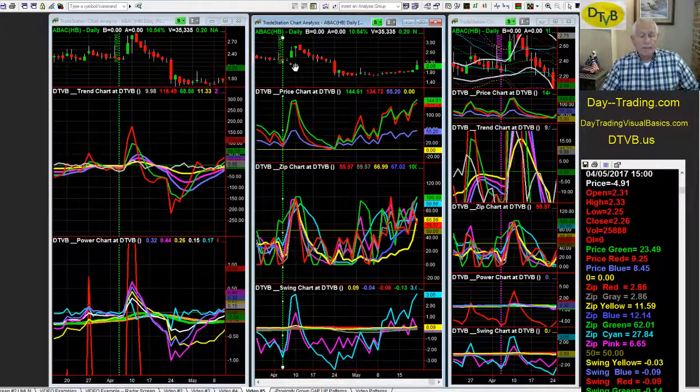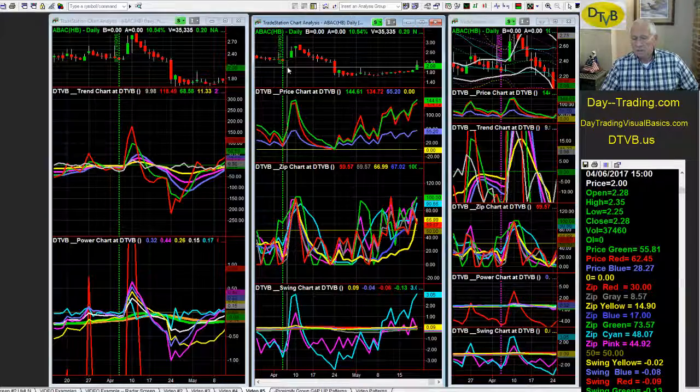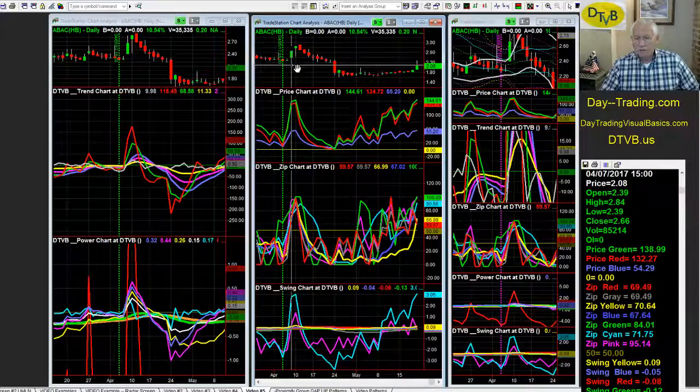Because there's just a lot of movement in this day. Keep in mind, between this day right here, which is the day after the vertical green line, ZIP red is at 30. Two days after you've had this big gap or big green candle movement, and with it dropping back down, look at that long upper tail. After it drops back down, ZIP red is still at 69.